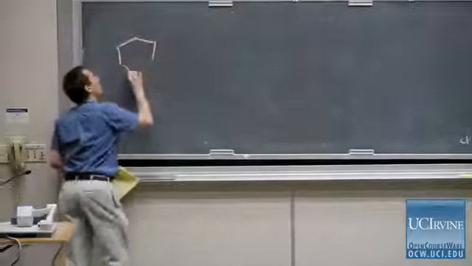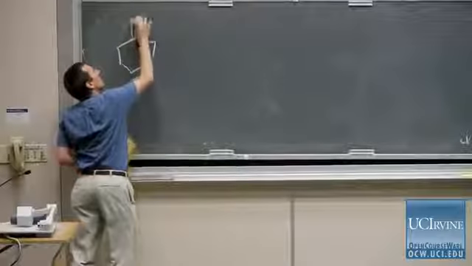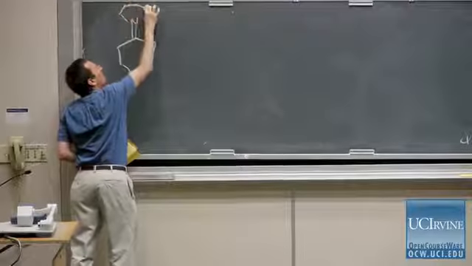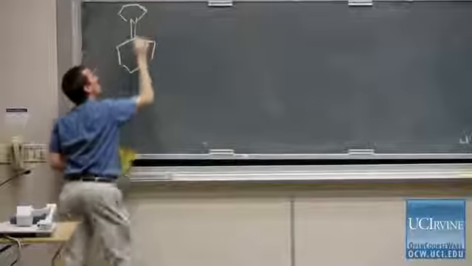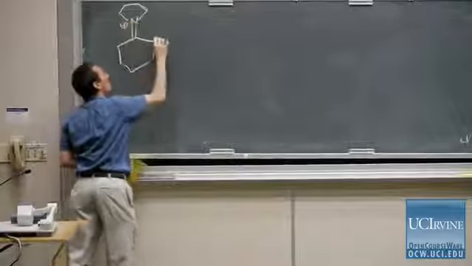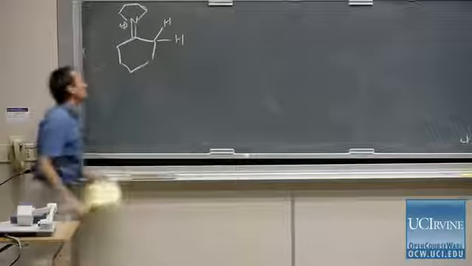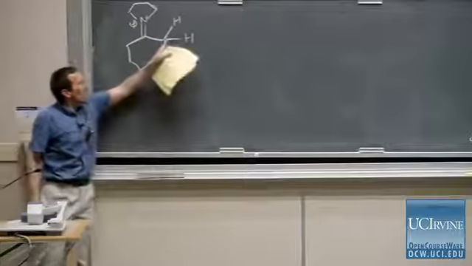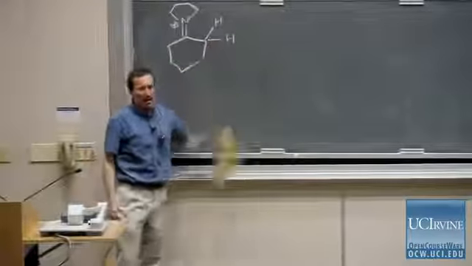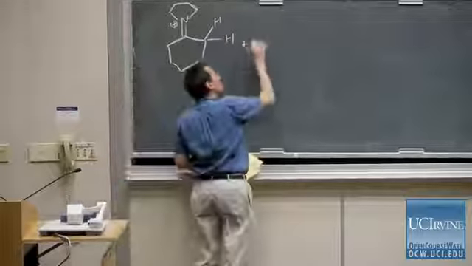So remember, I said that we have to have a beta proton. So here's our iminium ion, and we can think about this two ways, and they're both valid ways of thinking about this. So one way you can think about it is you have base present.